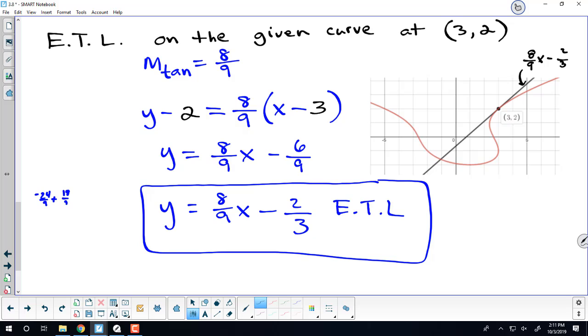Any other questions? We can clear up. So when we get to section 311 with related rates, how we relate two different rates together, that's all done by implicit differentiation.